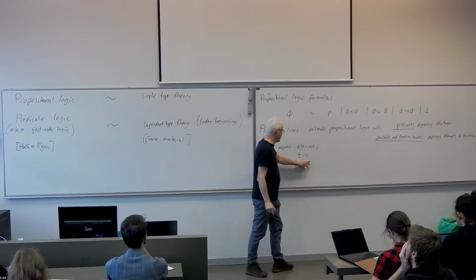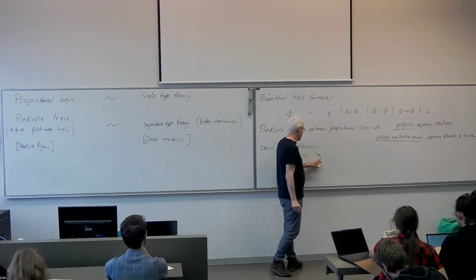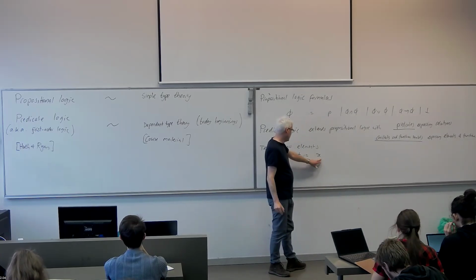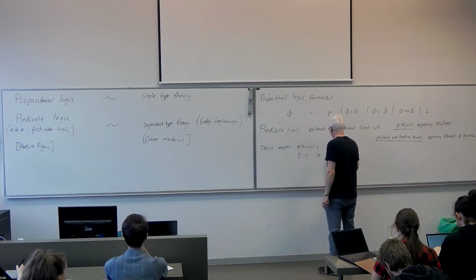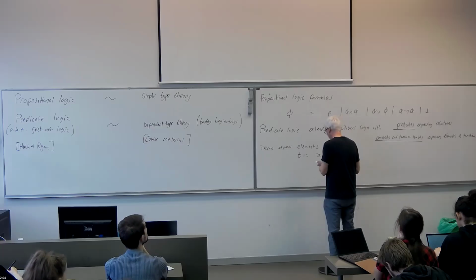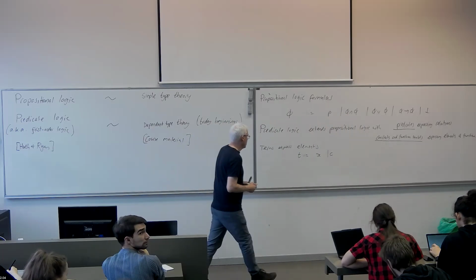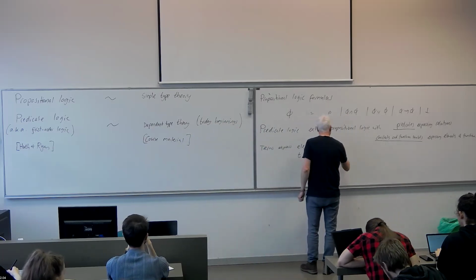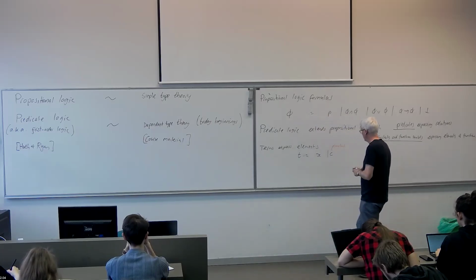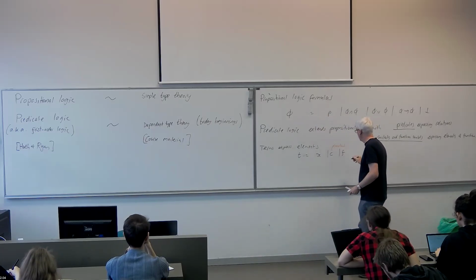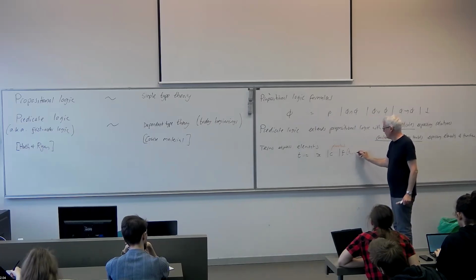and terms are given by the grammar that a term is either a variable, so our variables range over the universe of discourse, or a constant, or a function symbol applied to the right number of arguments.